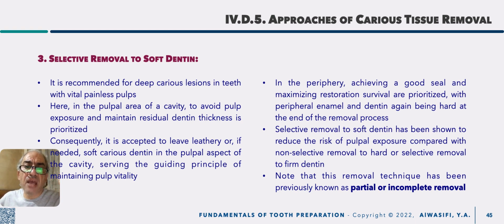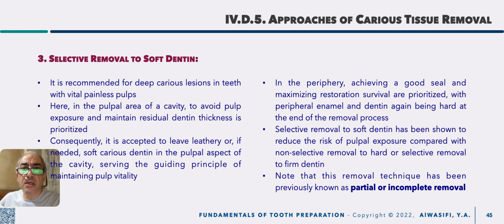You didn't save the pulp, you irritate the pulp. It is not following the guidelines we discussed. Then, to follow the guidelines, we selectively remove only the defective tissues with an excavator until we reach firm dentine or leathery dentine.